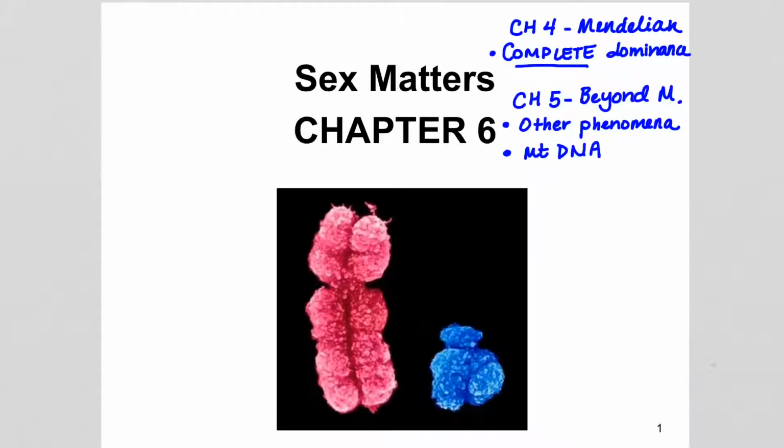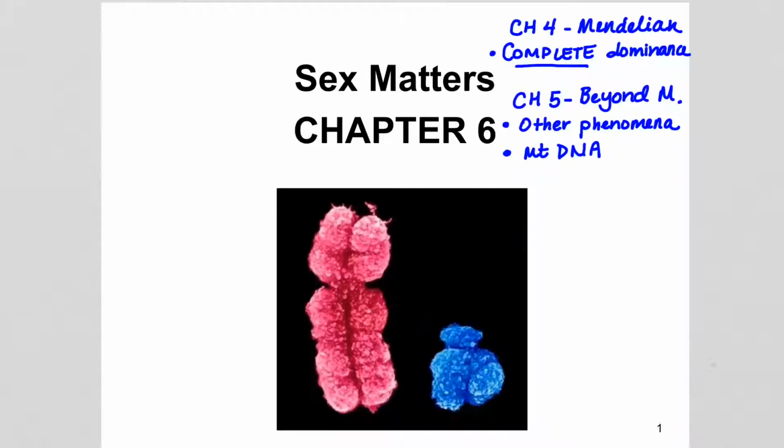Some of the other factors involved multiple genes or more than just 2 alleles that we covered in simple Mendelian inheritance, or interactions between genes and the environment. The other part of Chapter 5 was studying the inheritance of mitochondrial DNA.